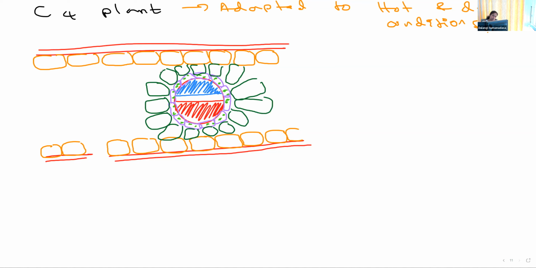Right, you're packing all the mesophyll cells around the bundle sheath cells. Is this clear? The two most important cells for the C4 are the bundle sheath and the mesophyll, but the bundle sheath are the most important. Right, so mesophyll will have chloroplasts as well, plus in the bundle sheath. Right, so the rest has to be mesophyll.